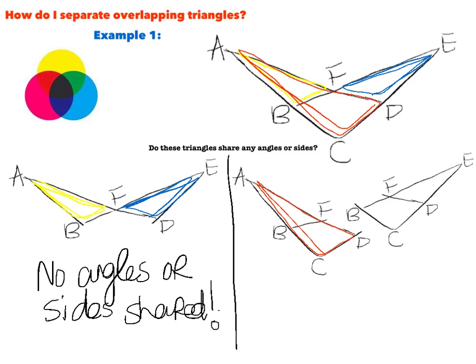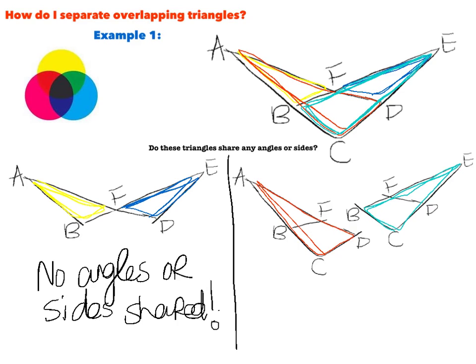I'm going to choose light blue. Triangle EBC. Highlight triangle EBC. Now remember, our analogy is, can you see these 2 colors overlapping? So I'm looking for, is there any place where red and blue overlap?